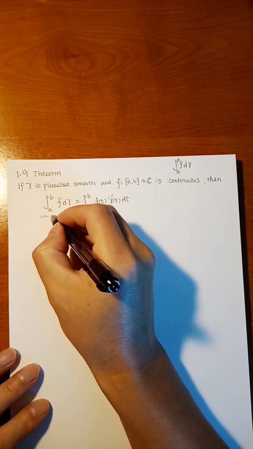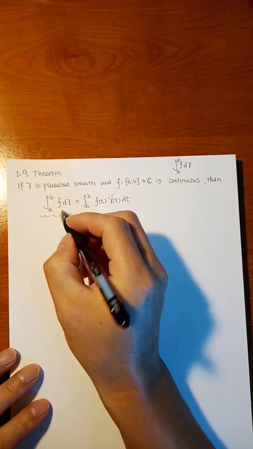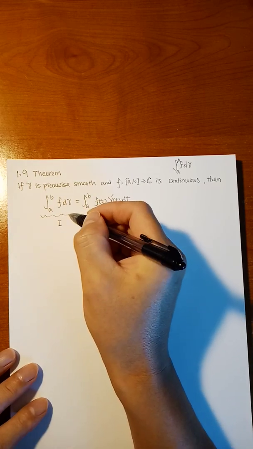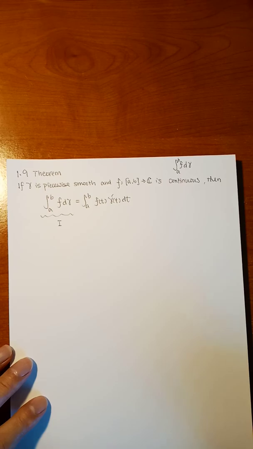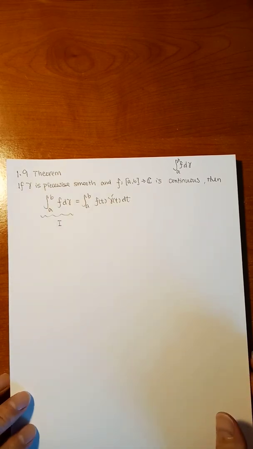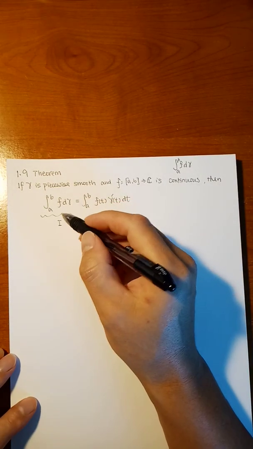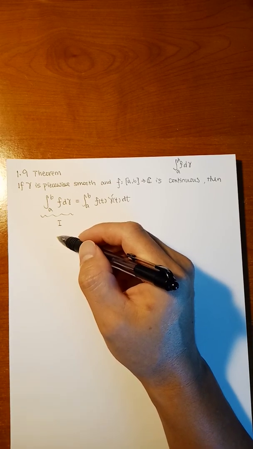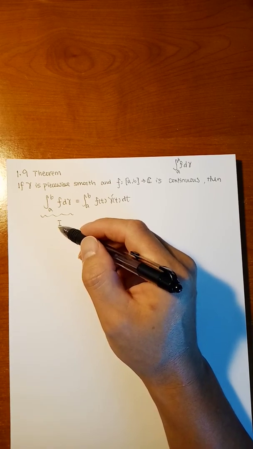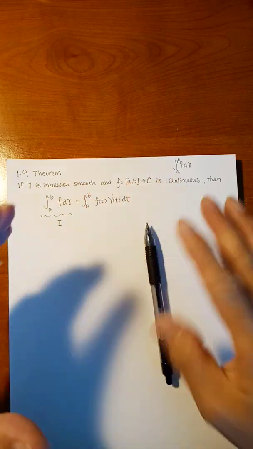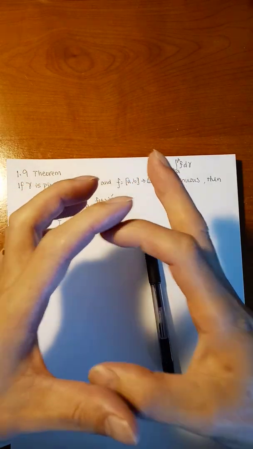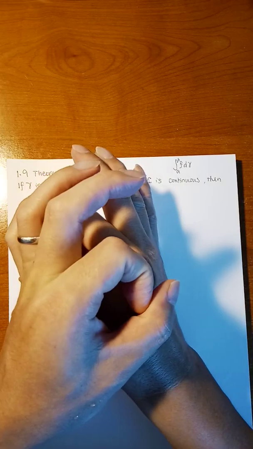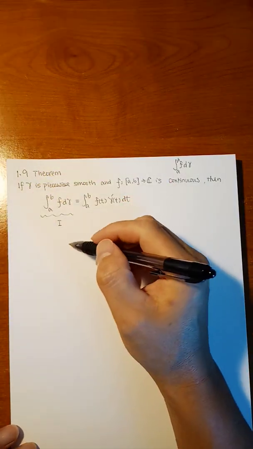So this left hand side is that number I in the previous theorem. We use a lot of analysis to show it. First, we use analysis to show the existence of I. When I say analysis, I mean the Cantor theorem. You have a sequence of compact sets, one inside the other, and the diameter shrinks to 0.